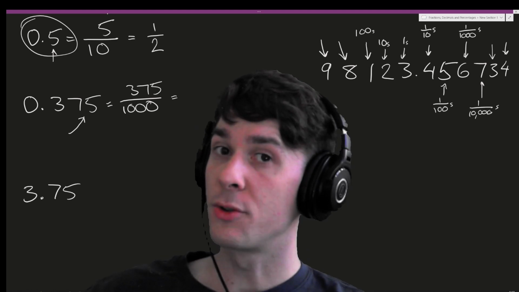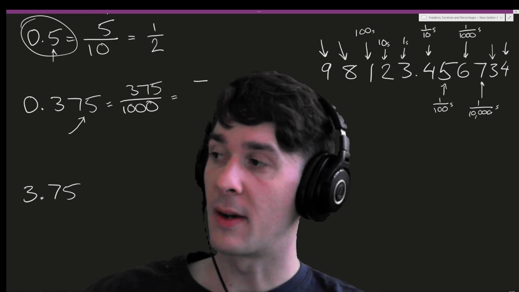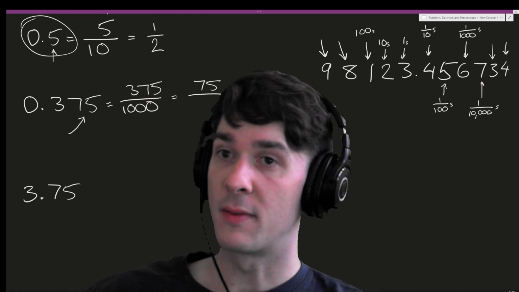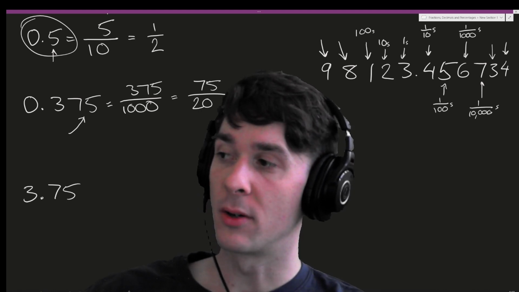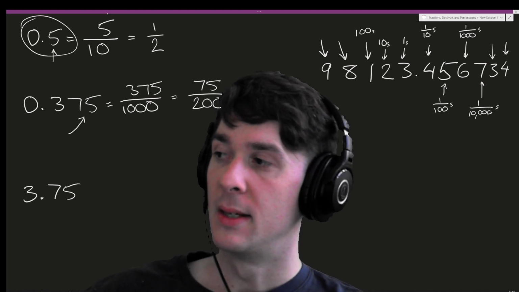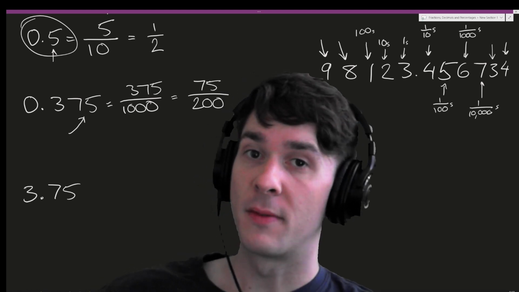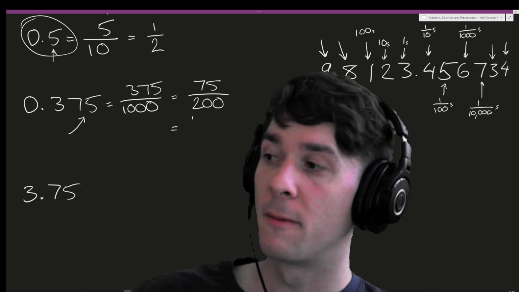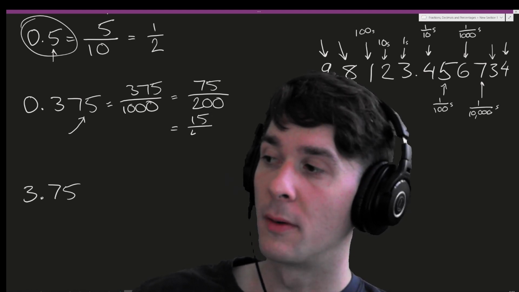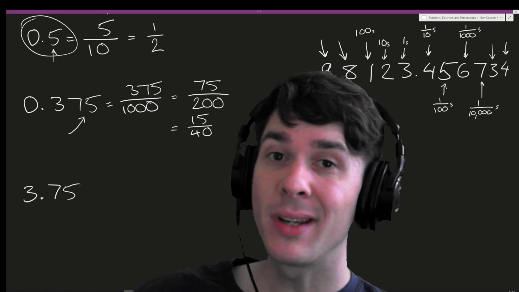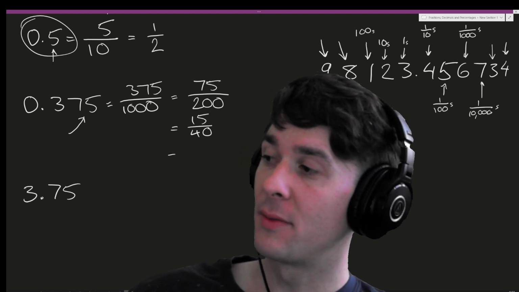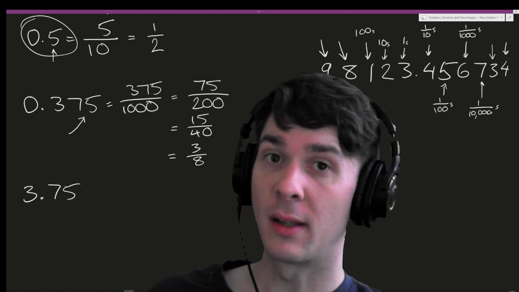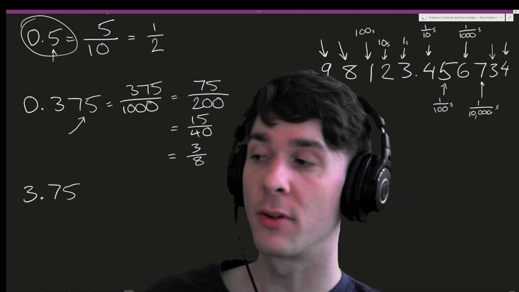So 375 divided by 5 gives us a new numerator of 75, and 1000 divided by 5 gives us a denominator of 200. Let's simplify by dividing by 5 again. This time we're going to get 15 over 40, and again we can simplify by dividing by 5, which will give us 3 over 8. And that is our final answer because we cannot simplify any further.